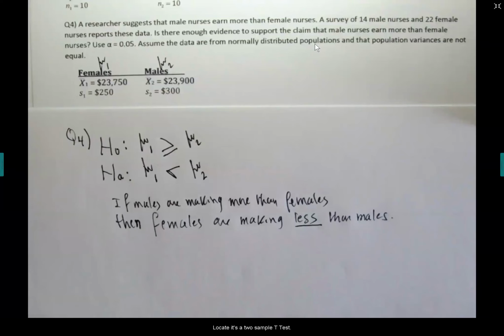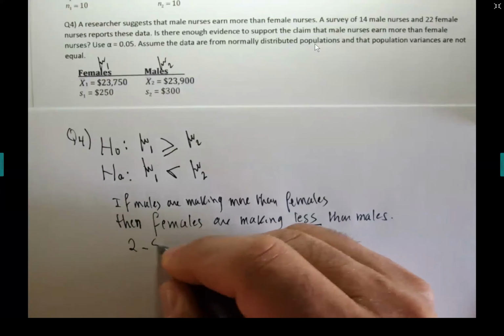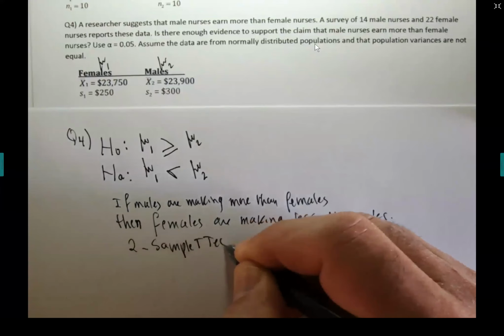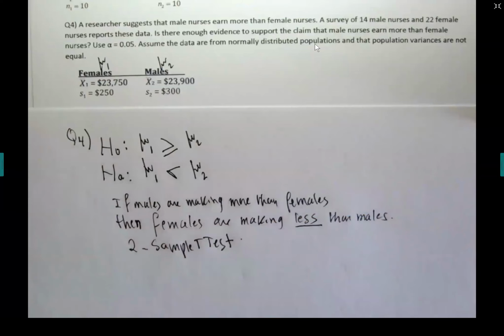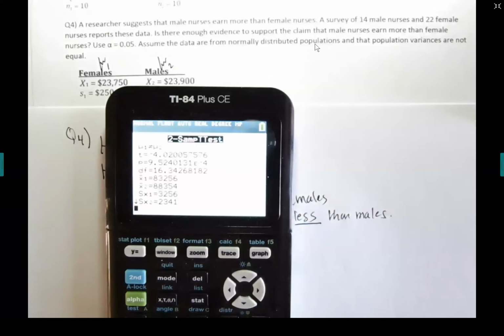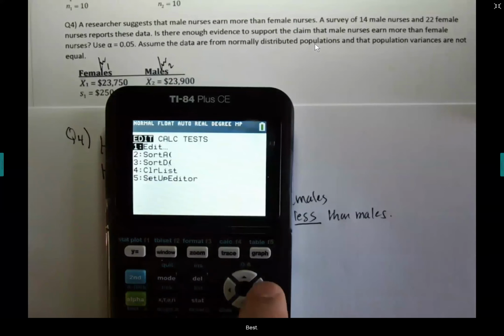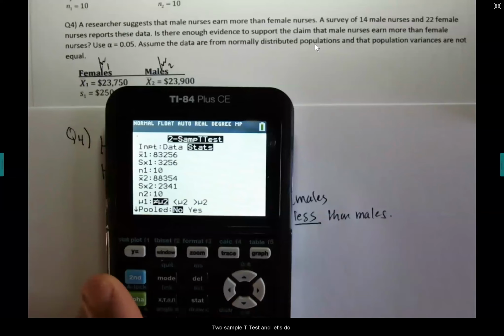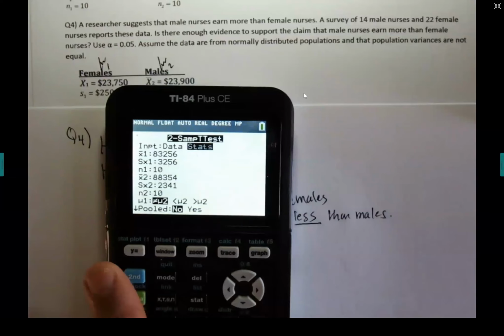Okay, it's a 2-sample t-test. Let's do the test together. Okay, let's go there. Stat, tests, 2-sample t-test, and let's do it. All right, it's a summary.